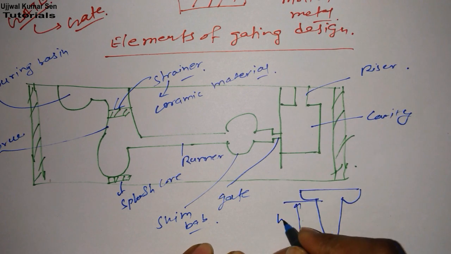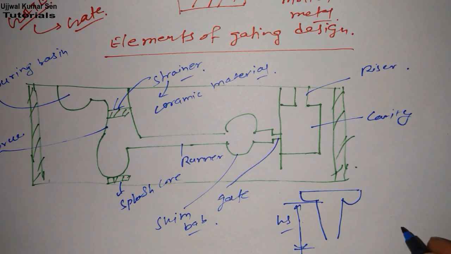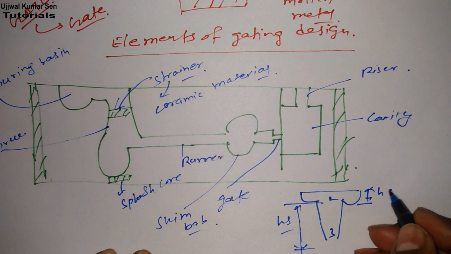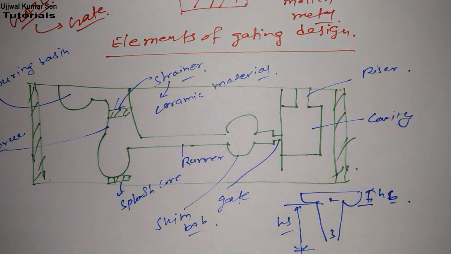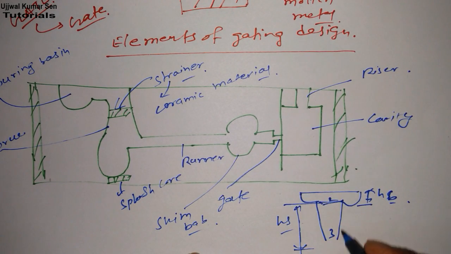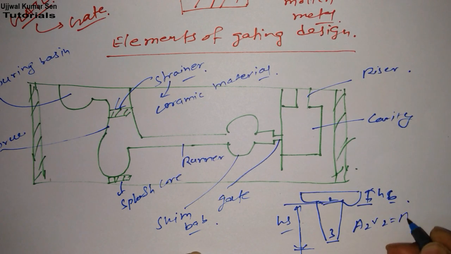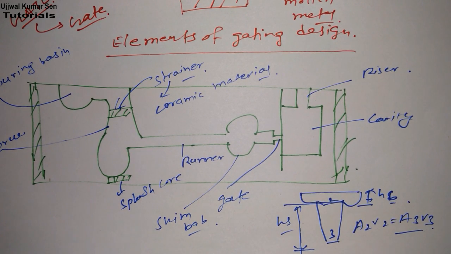Suppose this is the height of the sprue, with point 2 as the entering point and 3 as the exit point. Here we need to remember two important formulas. With entering at 2 and exit at 3, we can say A2V2 = A3V3.